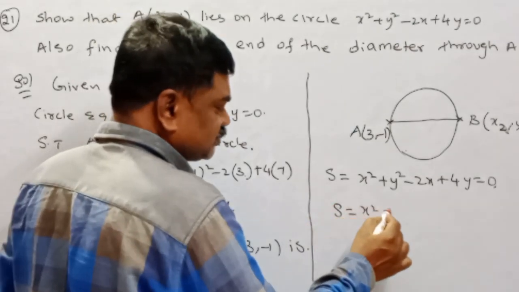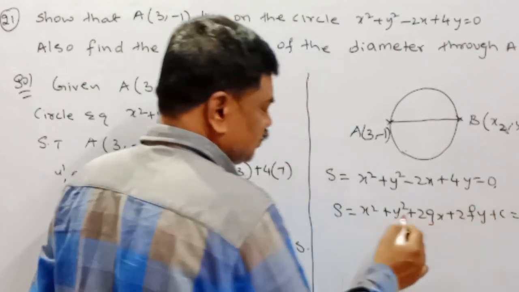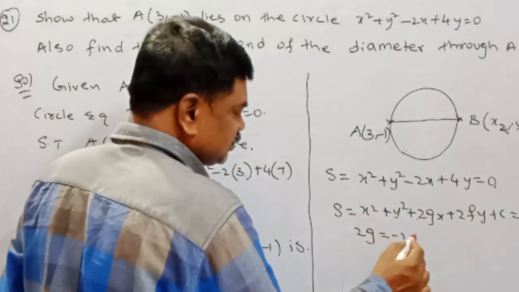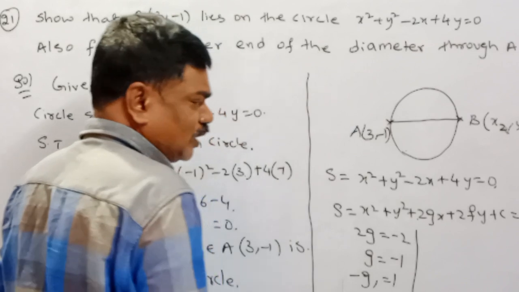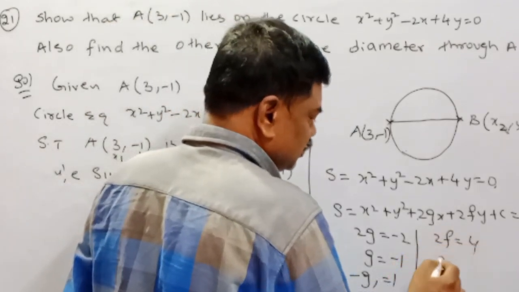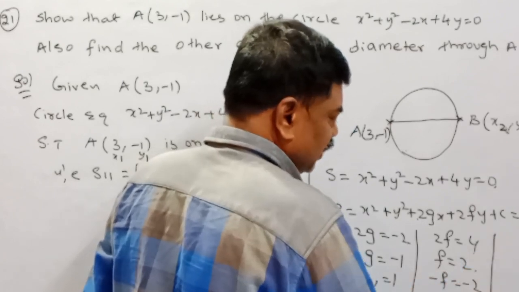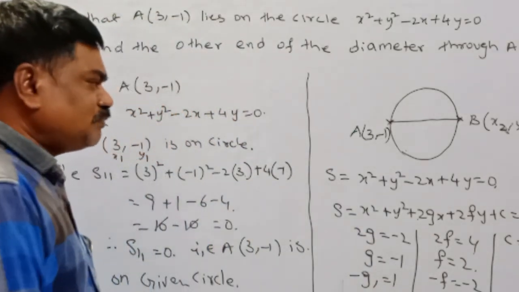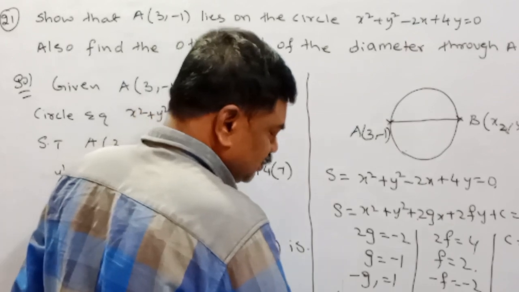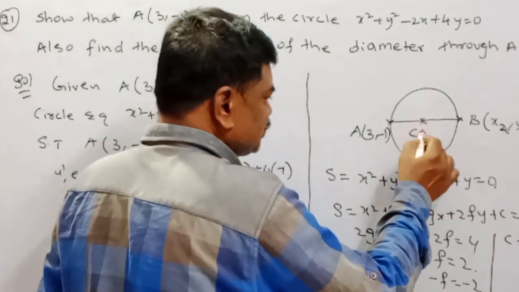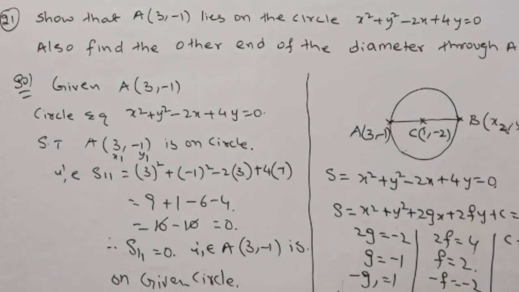Compare with x square plus y square plus 2gx plus 2fy plus c equal to 0. Then 2g is equal to minus 2, g is equal to minus 1, minus g is equal to 1. 2f is equal to 4, f is equal to 2, and minus f is equal to minus 2, and c is equal to 0. What is the center of the circle? Minus g comma minus f is equal to (1, minus 2) is the center of the circle.